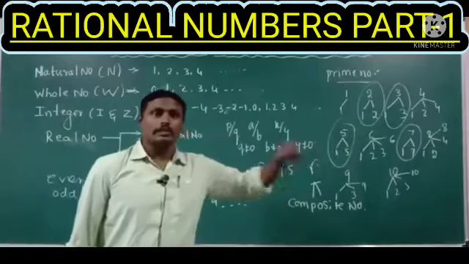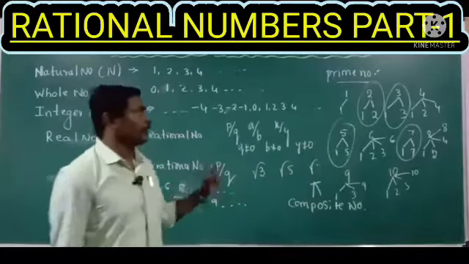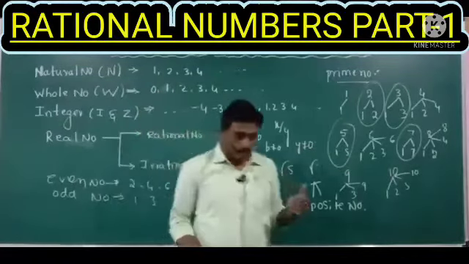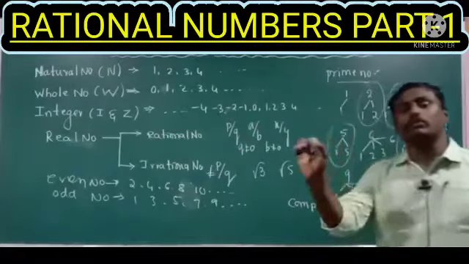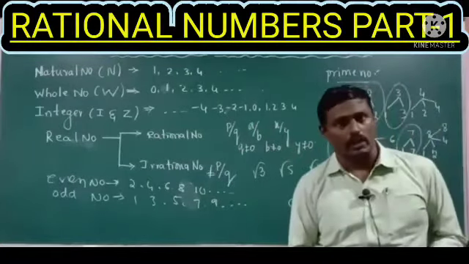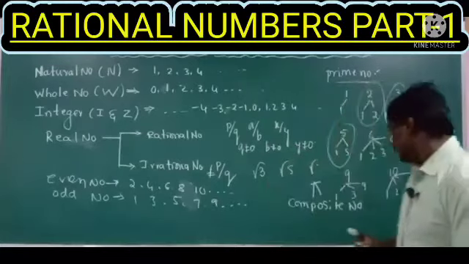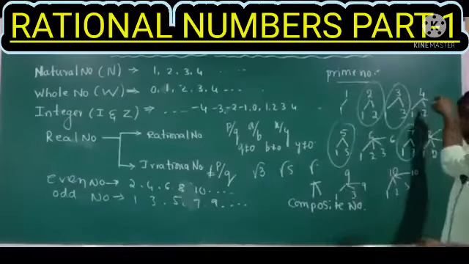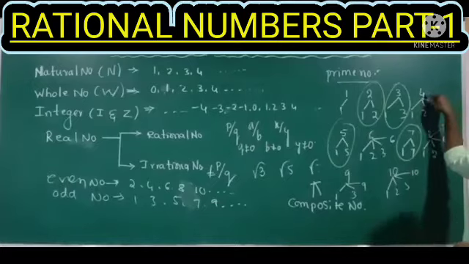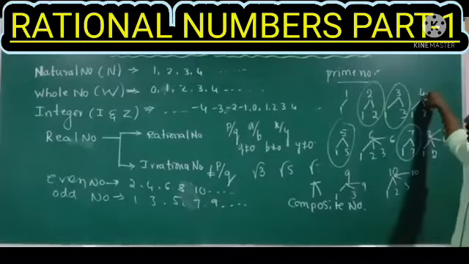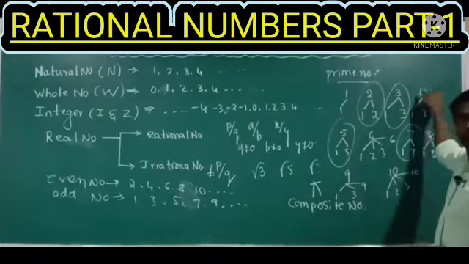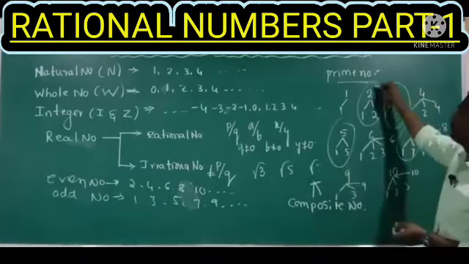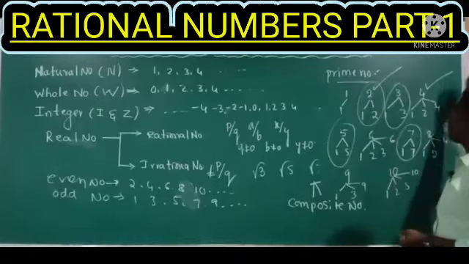The numbers which are divisible by more than 2 factors, the numbers which have more than 2 factors, are called composite numbers. Here the first composite number is 4. The first prime number is 2. The first composite number is 4.